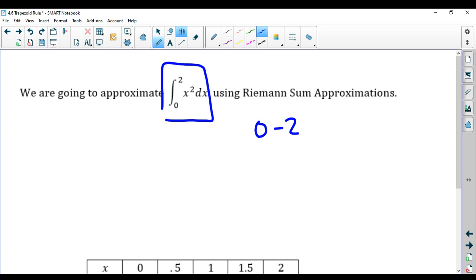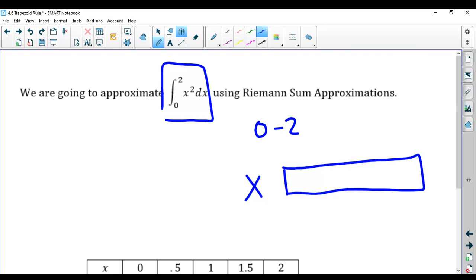depending on how many rectangles or subintervals they want you to use, that's what you're going to have to base your x values on. So if they said one interval, then your first value of x would be 0, the last would be 2. If they said two intervals, then you go from 0 to 1 and then 1 to 2. A lot of ours are going to go for 4 intervals.